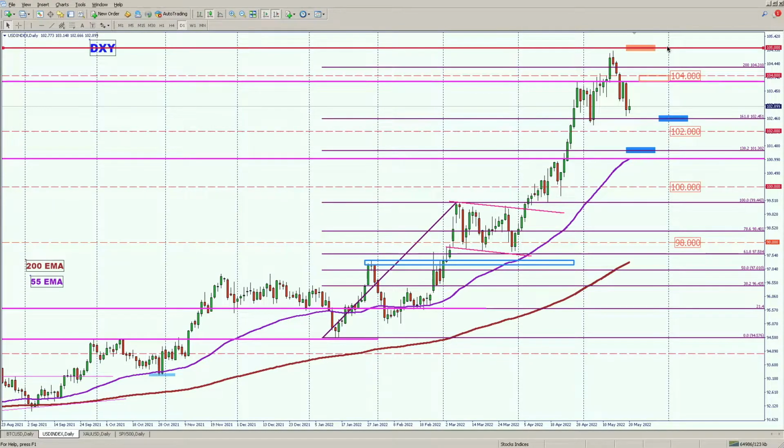And of course, along with the 105 above that, that's a significant resistance. So we'll see if this level around the 102.40 to 102.45 area can hold. And above the 102, which will be the next key support level.